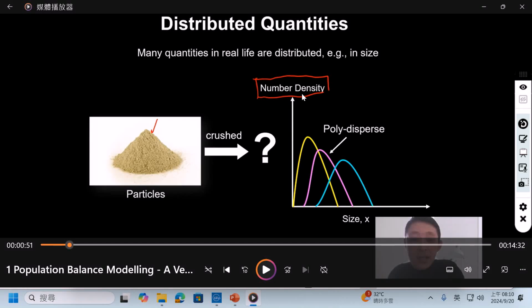If you roll 12,000 times, this may become 2,000. If you normalize the number density, you get a probability density function. That's the basic idea. Because this function will continually appear in the population-based model, I better introduce it.